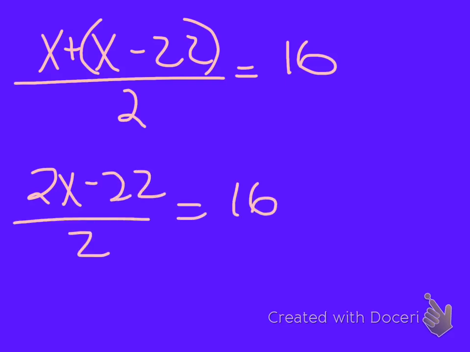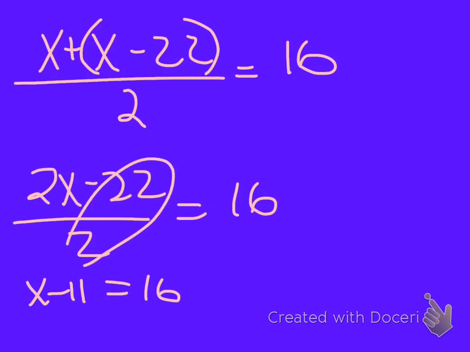There's a couple things you can do. You get to choose what you want to do. We're going to make that x minus 11 equals 16, and we did that because we divided this by 2 and this by 2. You could also have moved that 2 by multiplying over here and made that 32 instead, but this works.